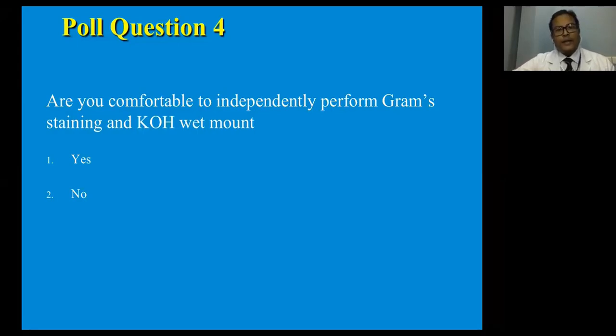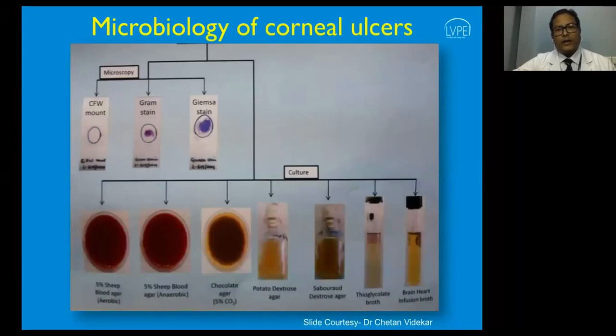So having taken that, you can put one drop of 10% KOH, which is easily available in any of the labs. And from that, you can actually see whether this sample contains or does not contain fungal filaments.